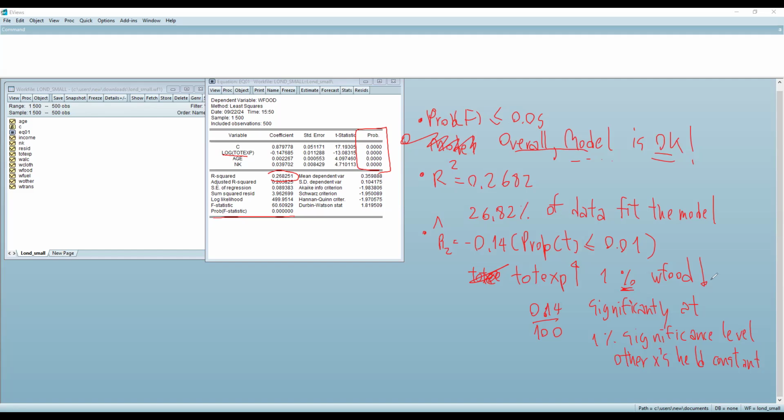Then it means if total expenditure is increased, if you put the share of food, it means if you have more expenditure, you reduce the share of food, okay?